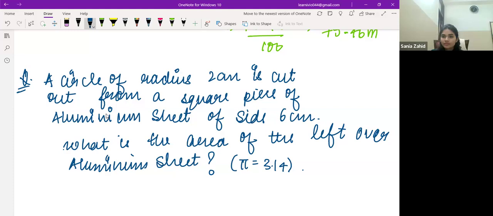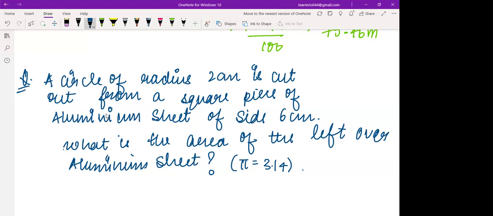Harmeen, you start solving. Okay, ma'am. Radius 2 centimeter. Are we supposed to do the problem?